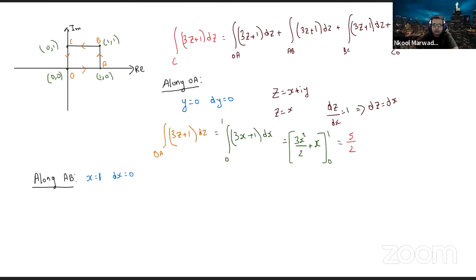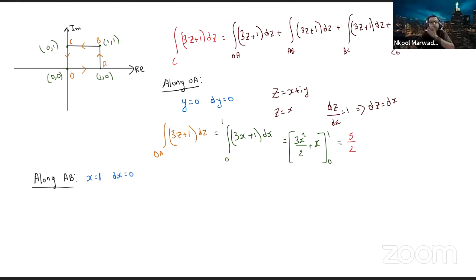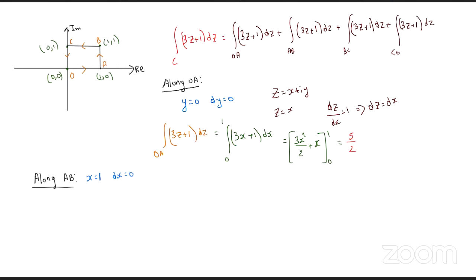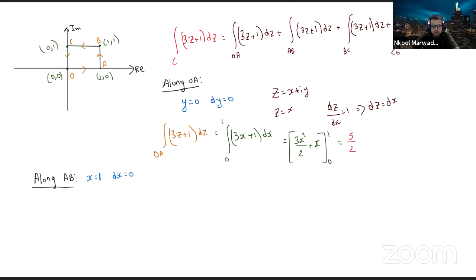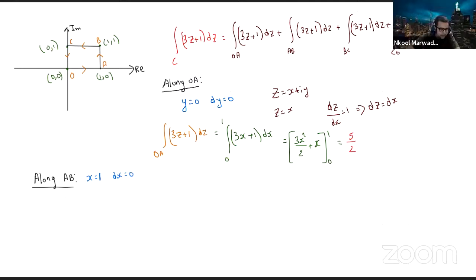And we know from coordinate geometry that the equation of the line AB is x is equal to 1, because it is cutting x at 1, not the origin. So z will be 1 plus iy. That is right, because x is 1 and y is varying, so 1 plus iy.